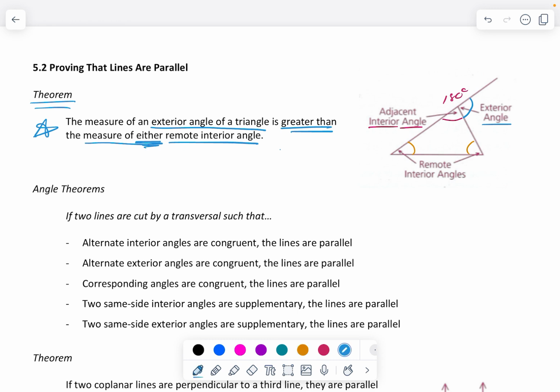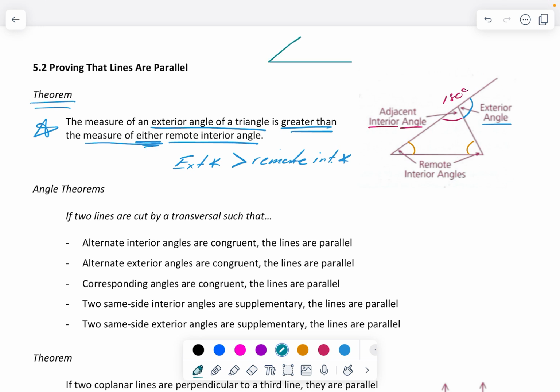So that does make a lot of sense. And so basically it's saying that this exterior angle is greater than either remote interior angle.